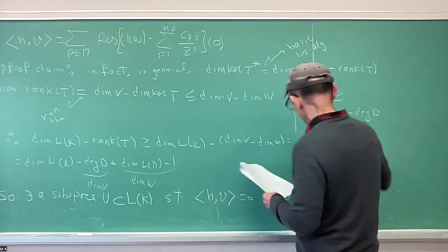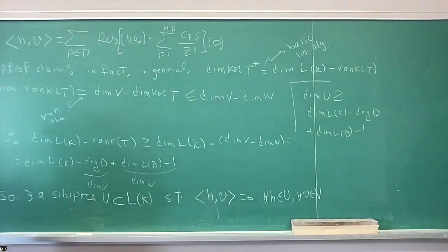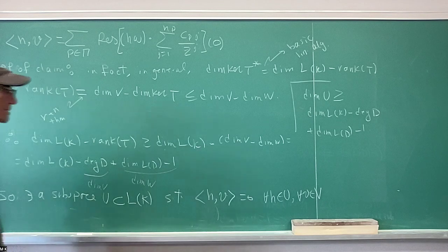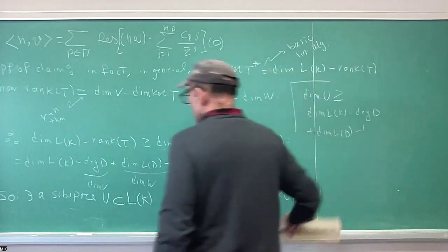So basically this is so far. It's quite a juggling, not more than linear algebra and basic things like the residue theorem and the definition of L of D and L of K, but it's an ingenious application of basic facts.